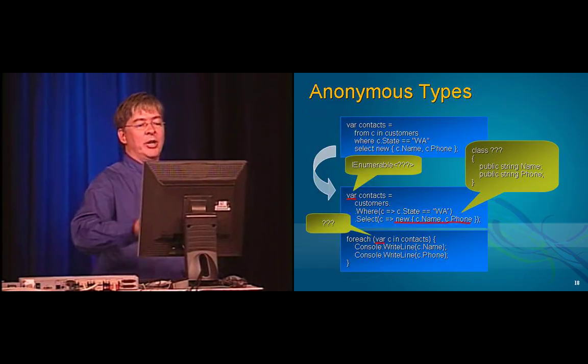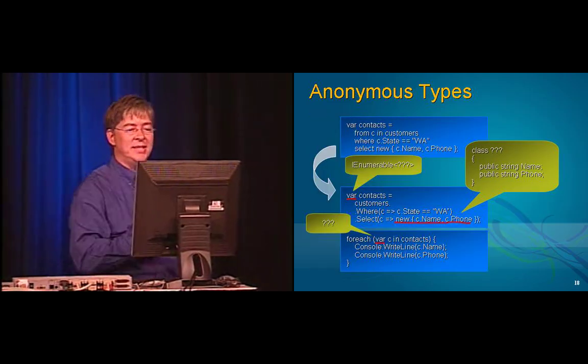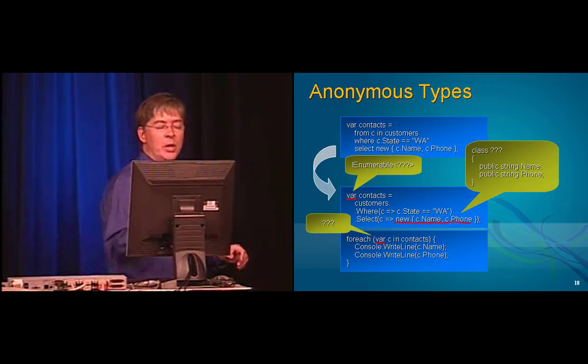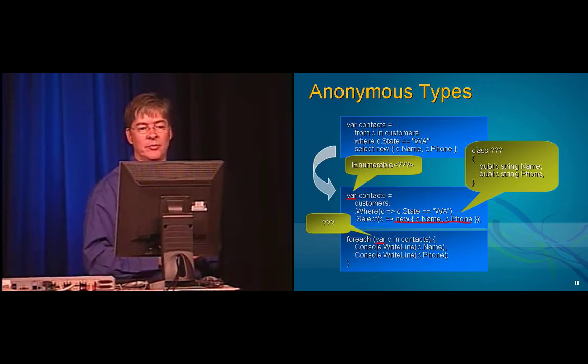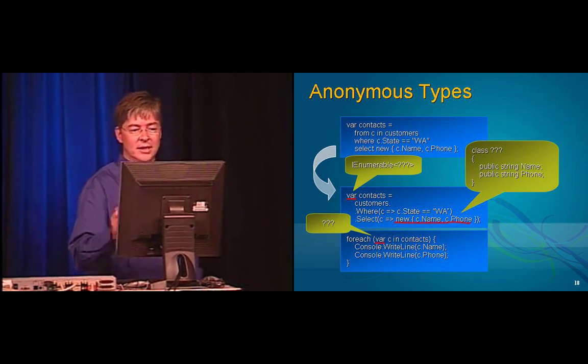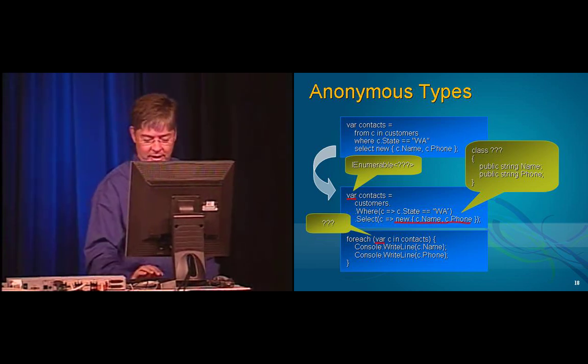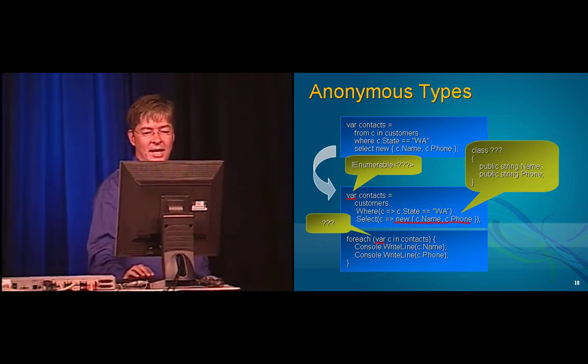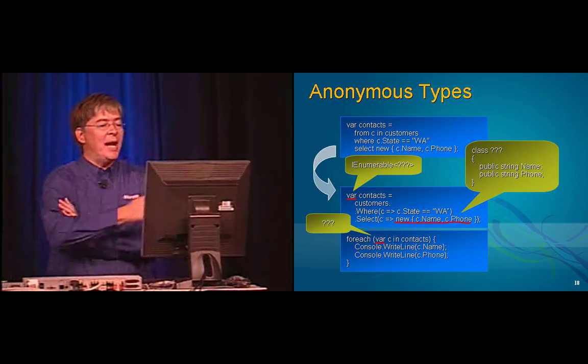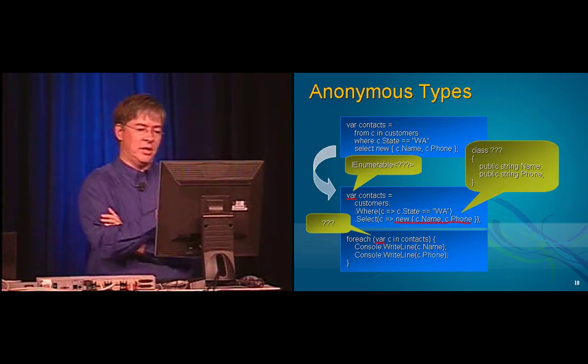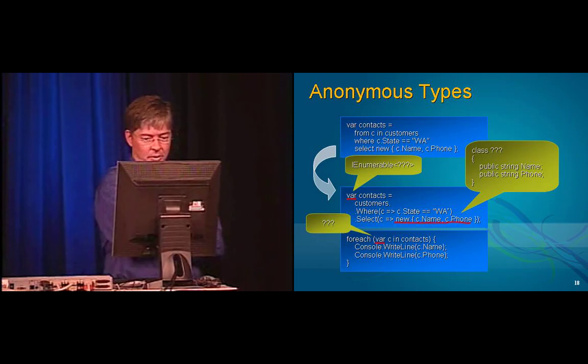Just to hammer it home and see mechanically what happens when I write a query and how the types flow. I can write var contacts equals blah, blah, blah, and you've seen this query enough times now that I'm not going to explain it, but the compiler maps this into contacts equals customers.where.select, okay?